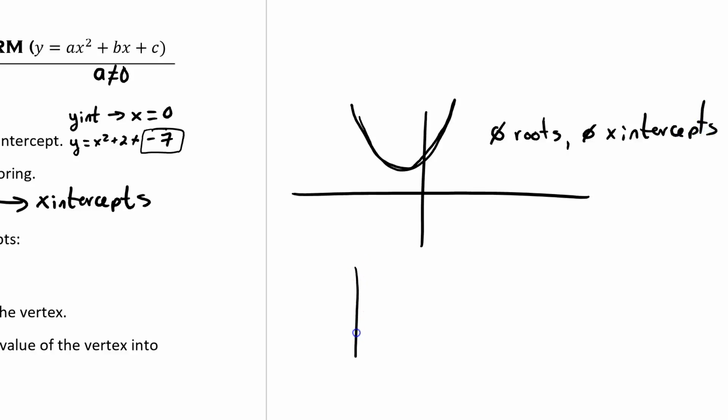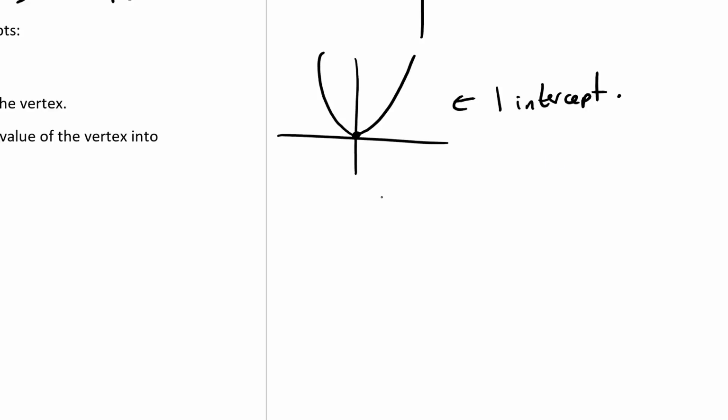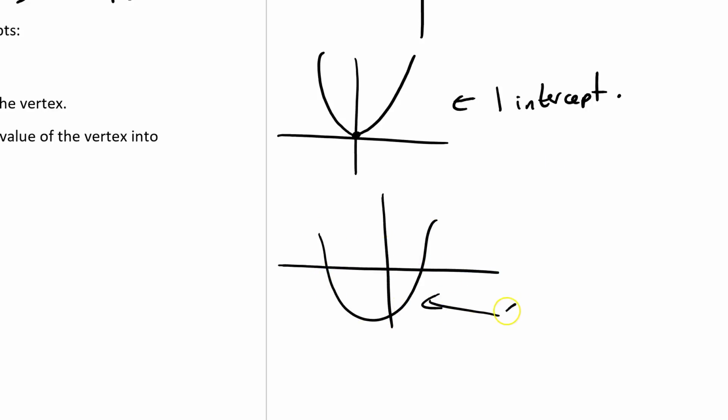What about our mother function, our parent graph that just touched at 0, 0? This has one intercept. And then there's the classic, where there are two intercepts. One here and one here.